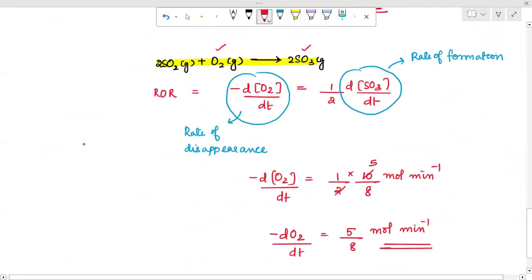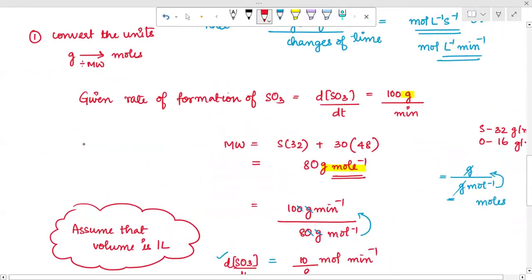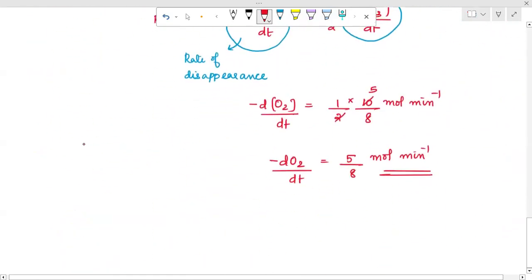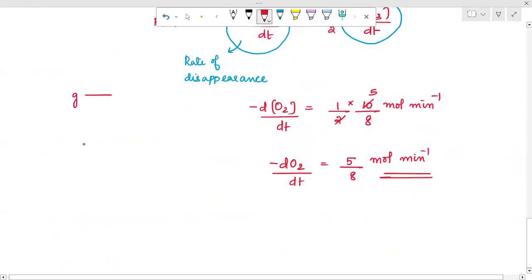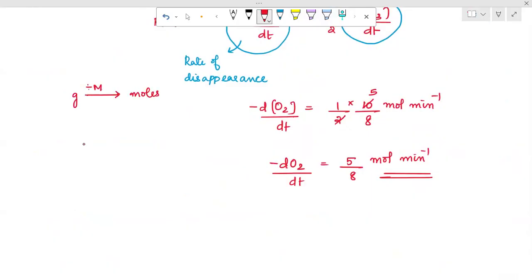Earlier, what we did is we converted grams to moles by dividing by the molecular weight.